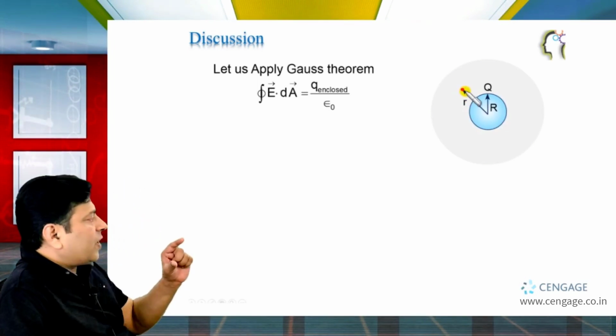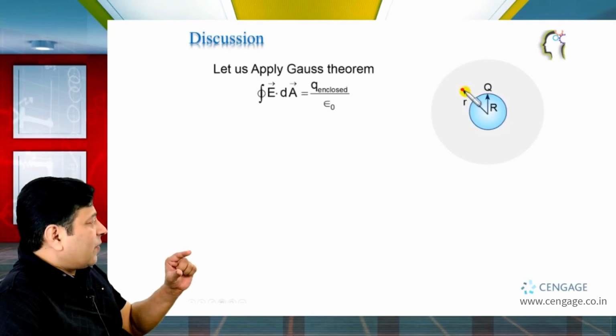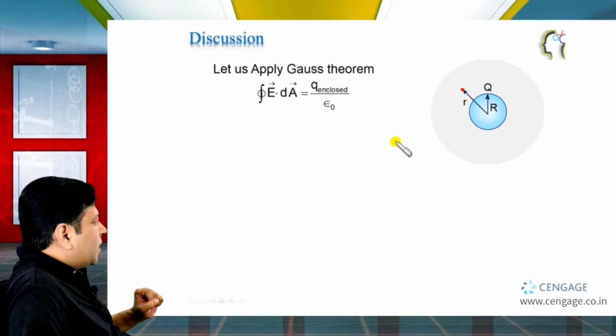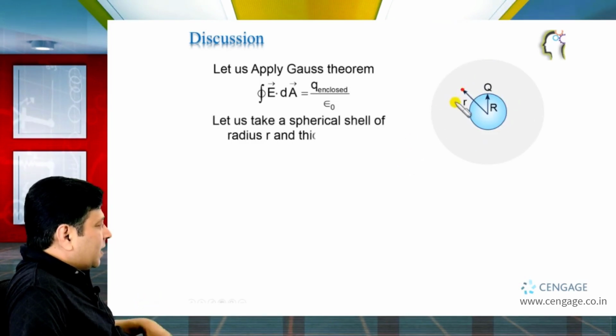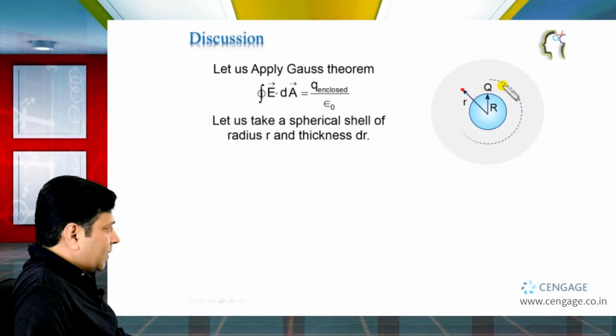So first of all, we need to calculate the charge in this region. For this purpose, let us draw a sphere of radius small r and then a further dr thickness spherical shell like this.